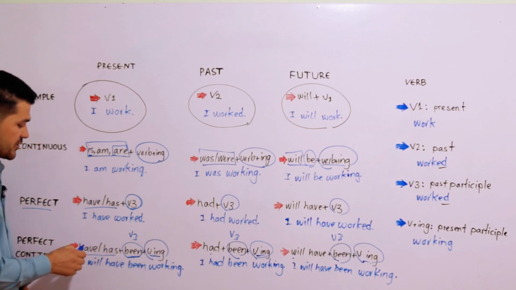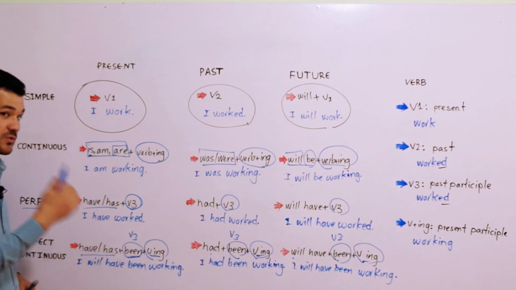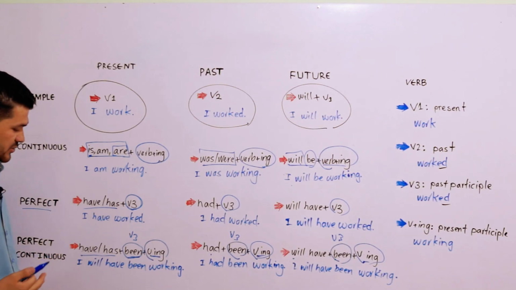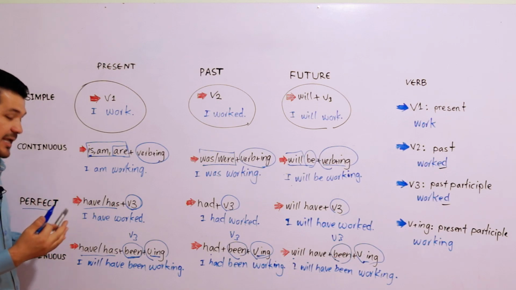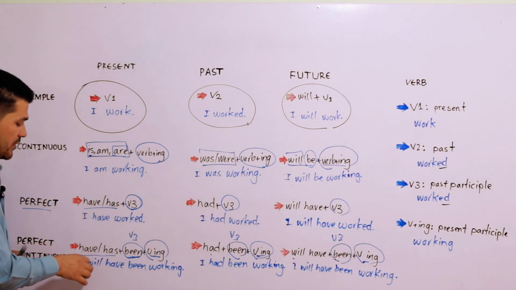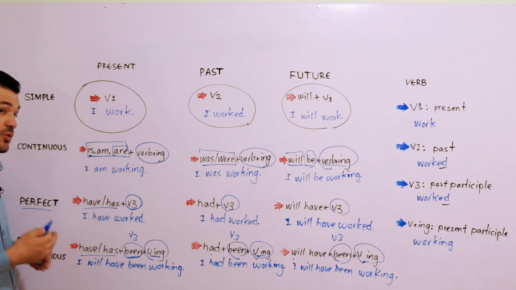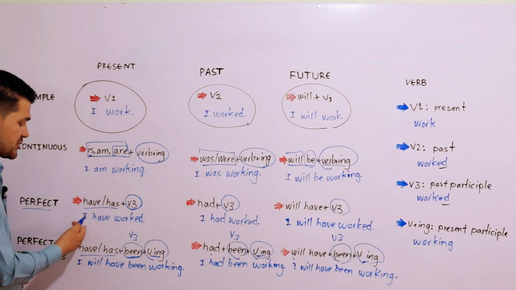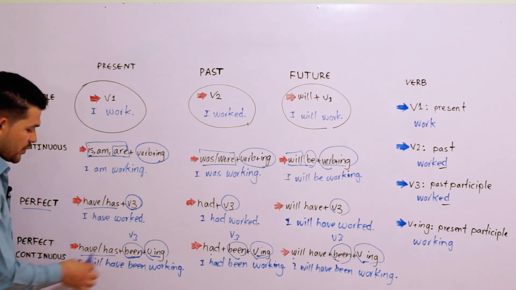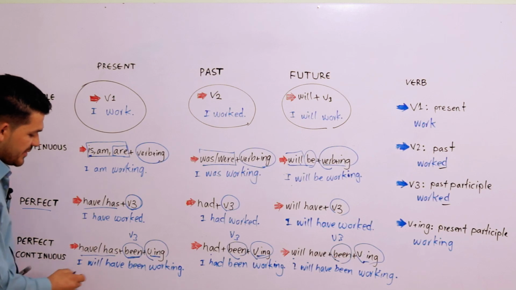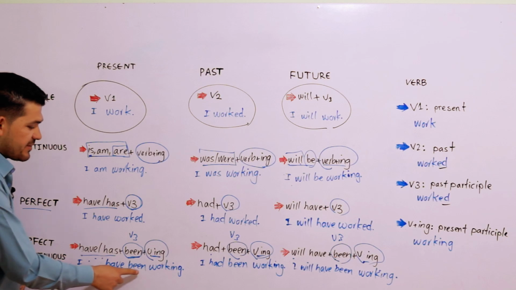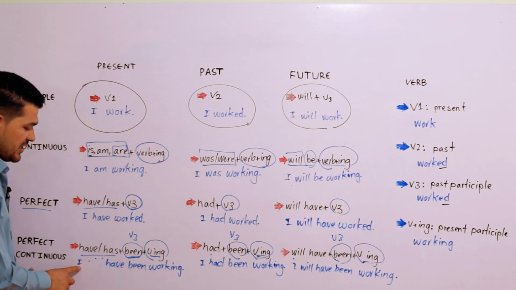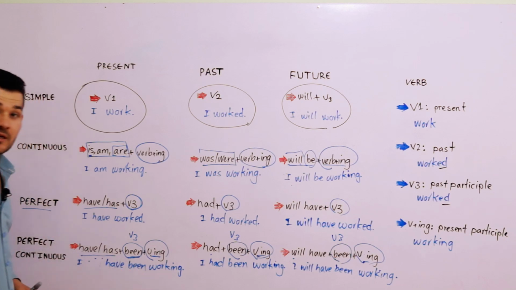We have has or have. Has is used with the third singular person, like he, she, it, or a person like the driver. But with other pronouns or subjects, we are going to use have. I have been working. You have been working. She has been working.